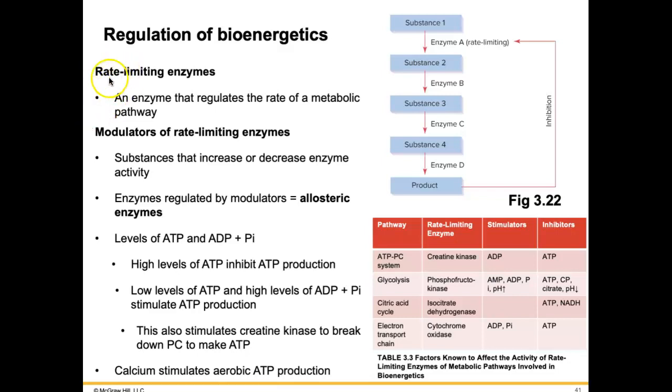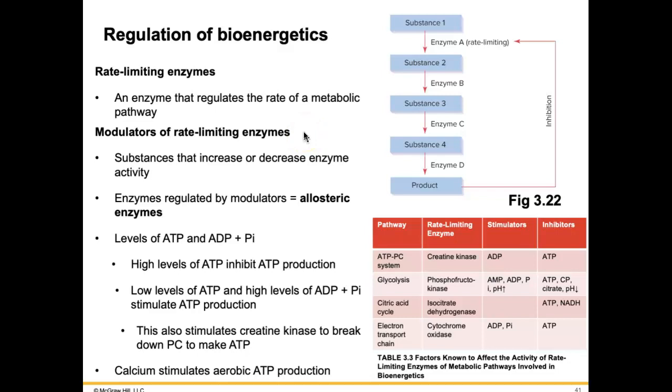So if we have a rate limiting enzyme, which is an enzyme that's regulating the rate of that metabolic pathway, then we can control it a little bit better. And usually these rate limiting enzymes are going to be at the beginning of a reaction. These enzymes are usually regulated by a modulator, which is a substance that increases or decreases enzymatic activity.